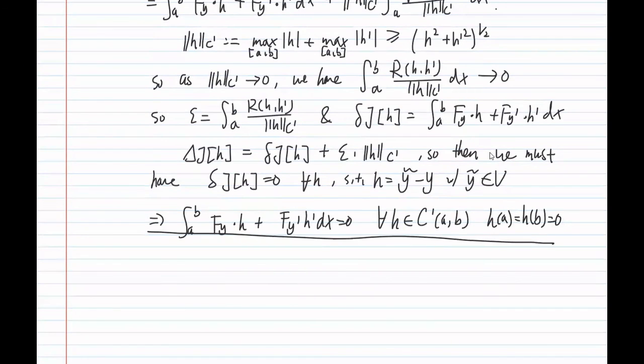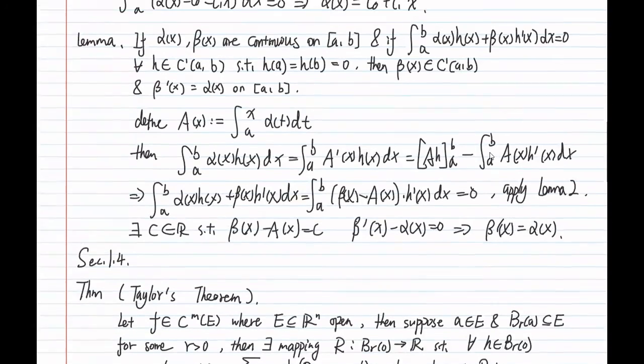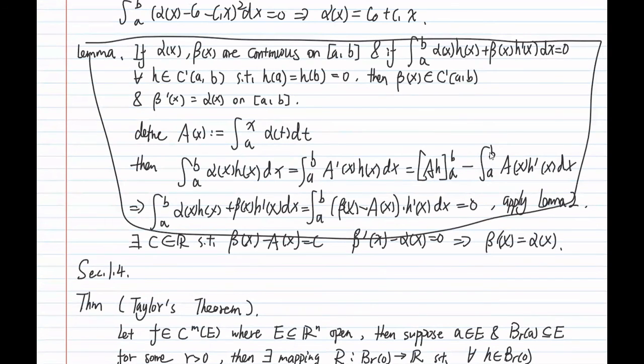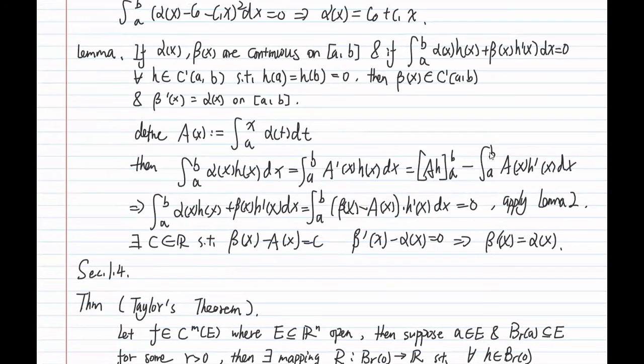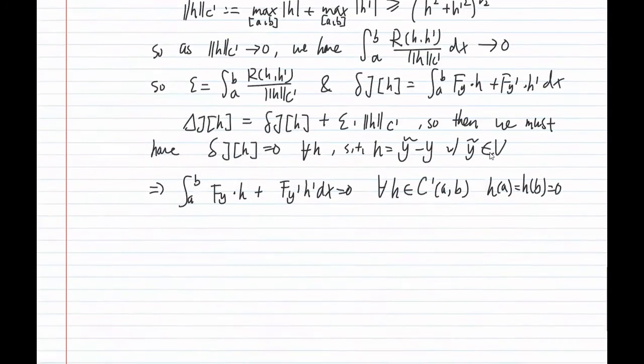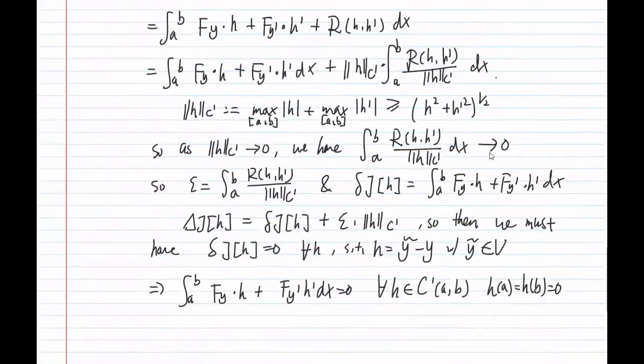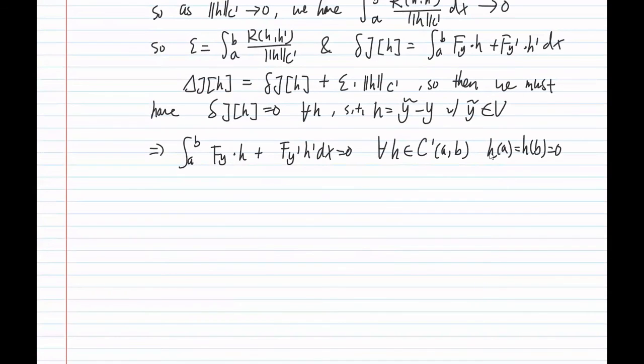So we have this equation. But then observe that we can simply apply the fourth lemma, right? Which is this: if alpha and beta are continuous and this requirement is satisfied, then beta would also be C1, and beta prime would equal alpha. So here, our f_y and f_y prime are continuous, right? Because F is C1, so its derivative is continuous.